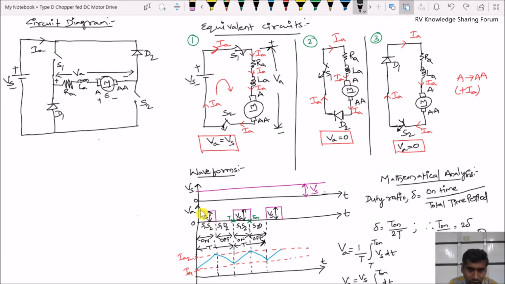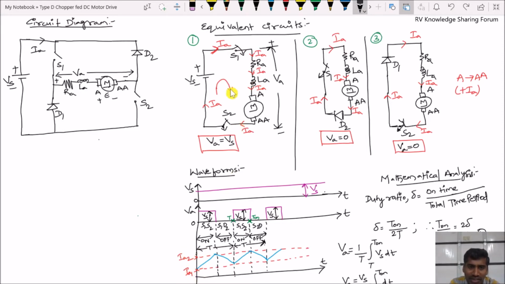So during this time, what happens to the current? Now let us discuss the current flow. Here the current is flowing from the source to the load, that means from the supply to the motor. Since the current is flowing from the supply to the armature terminals of the motor, the armature current increases. Here the minimum level of the current is assumed to be IA1 and the maximum level of the current is assumed to be IA2.